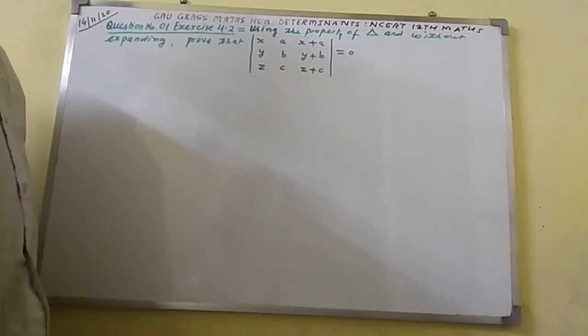I am going to discuss one question that has been taken from Chapter 4, Determinants, NCERT Class 12 Mathematics. That question is question number 1, exercise 4.2.